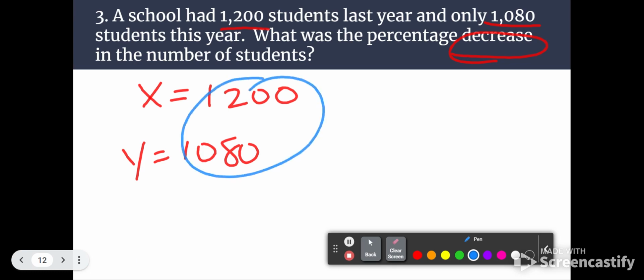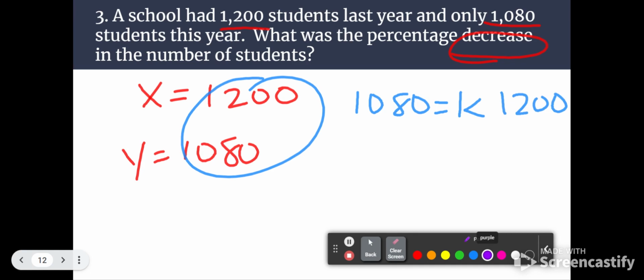Okay, so you can do two options: find the difference or subtract after. I'm going to do it both ways. If I subtract after, that's our end, how many students were after the decrease, times something we don't know, our percent. We multiply that by our original amount, right? When you solve for a variable, you divide.